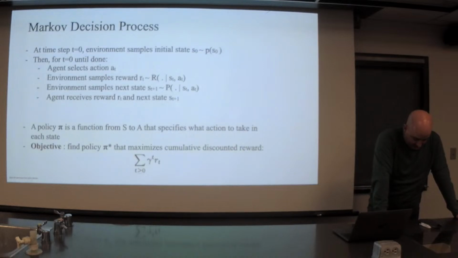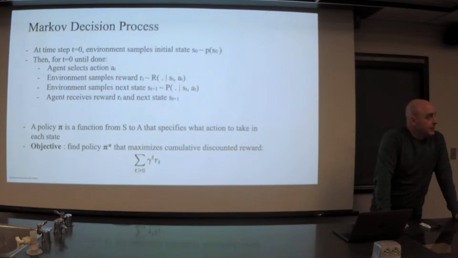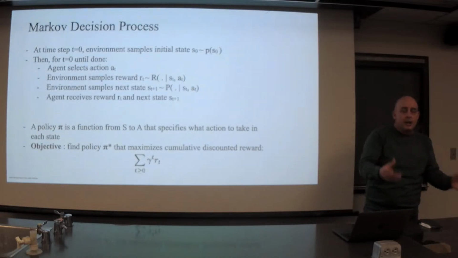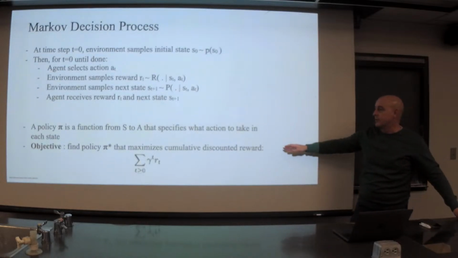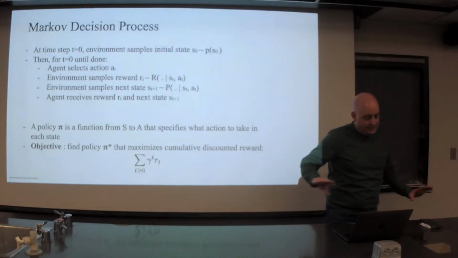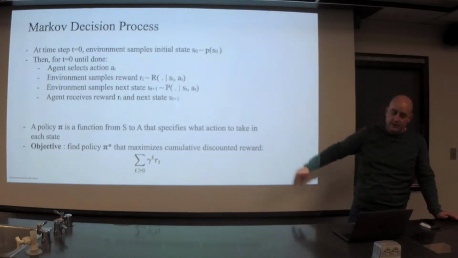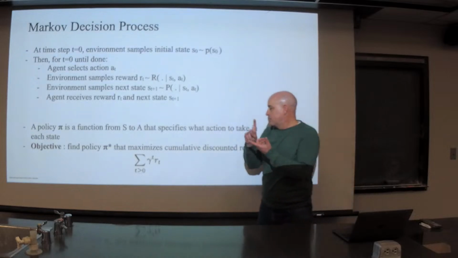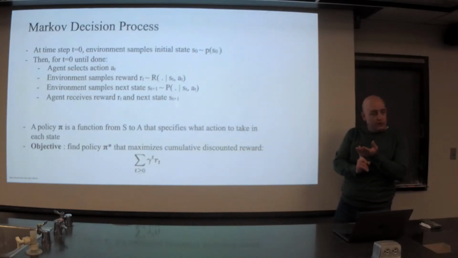Well, there are a lot of ways you could think about this, a lot of objectives you could optimize, but the one that is used for most of the theory, especially for Markov decision processes, but also for a lot of the ways in which we formulate reinforcement learning objectives, is this cumulative discounted reward.